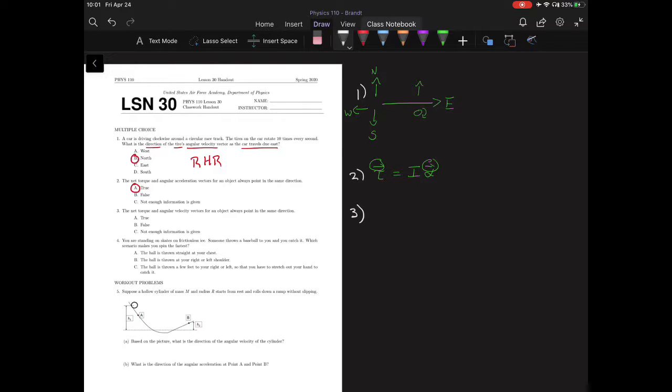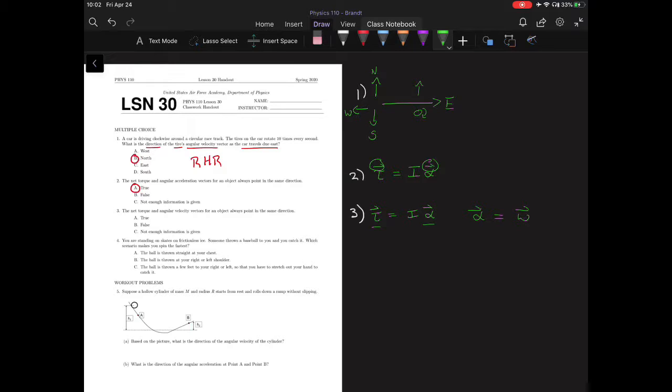All right, so the net torque and angular velocity vectors for an object always point in the same direction. So this is the torque and angular velocity vectors. So once again, if we think about it, torque is equal to I alpha. Well, so if torque gets its direction from alpha, does alpha always have to be in the direction of omega? That is basically what we're asking.